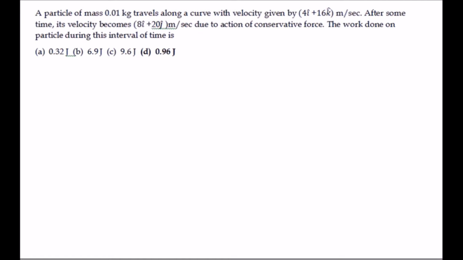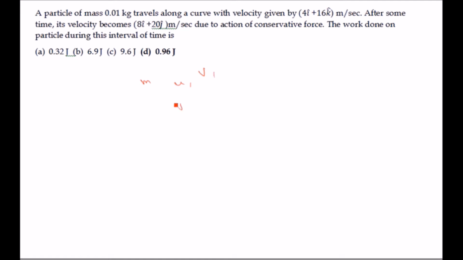Find the work done on the particle during this interval of time. This is a very easy problem: the initial velocity is given, the final velocity is given and the mass is given, and you have to calculate the work done on the particle. So clearly you have to apply the work energy theorem.